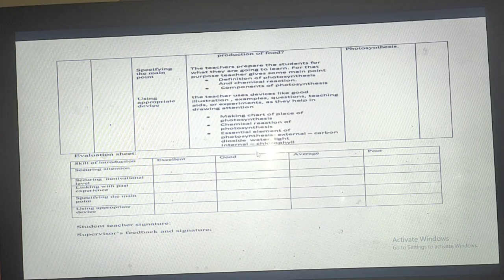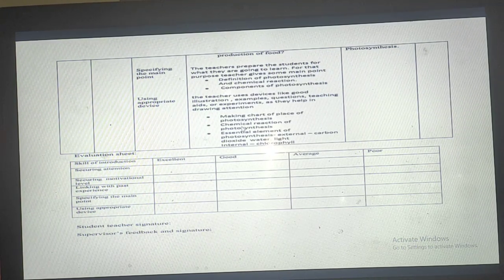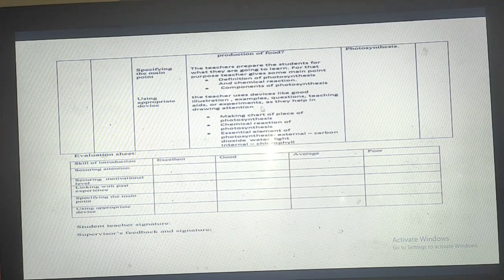After getting the feedback, the teacher can identify their weak points or strong points and which areas have to be rectified.